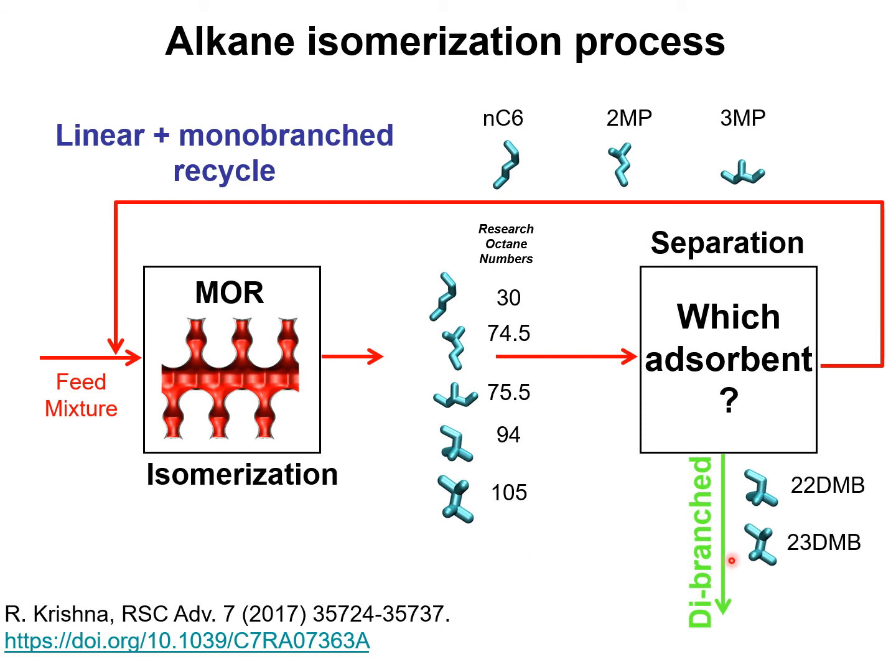For incorporation into the gasoline pool, the di-branched isomers 2,2-DMB and 2,3-DMB are the preferred components.